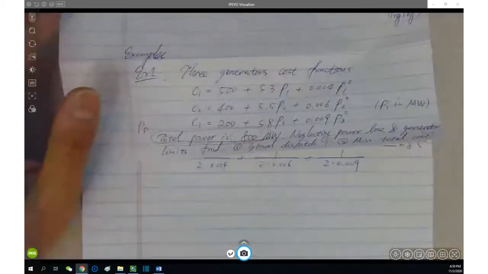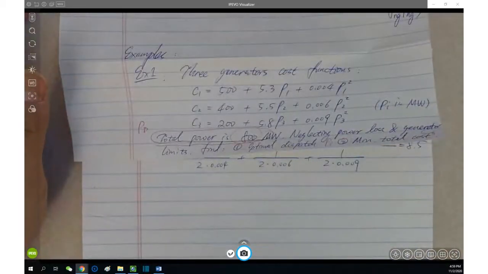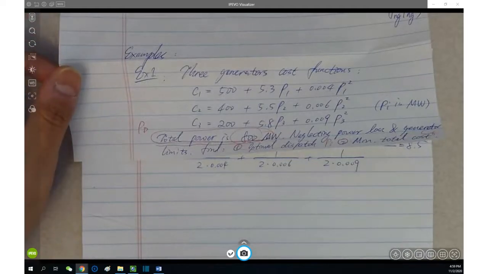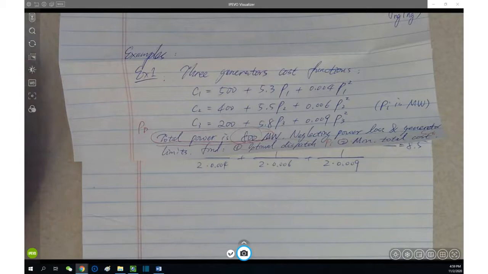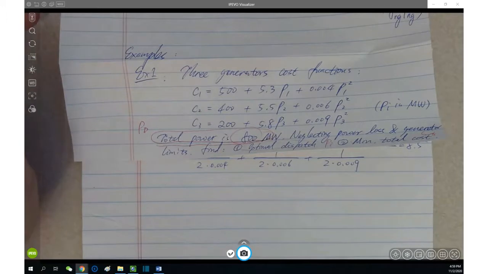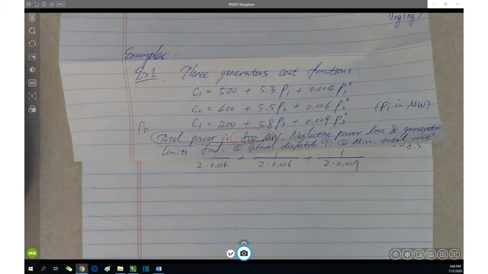or any thought? Anyone? Megawatt cube? No, not a megawatt cube. Any other thoughts? What?